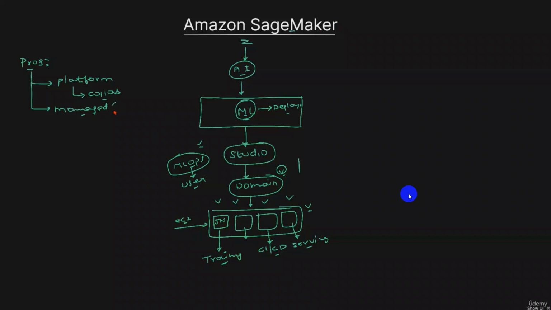And this EC2 instance is managed by AWS. So MLOps engineers don't have to create the infrastructure required for the training process. Similarly, when another MLOps engineer is working on CI/CD pipelines, they don't have to spin up the required infrastructure. It can be taken care of by the SageMaker platform itself. So it's a completely managed platform.